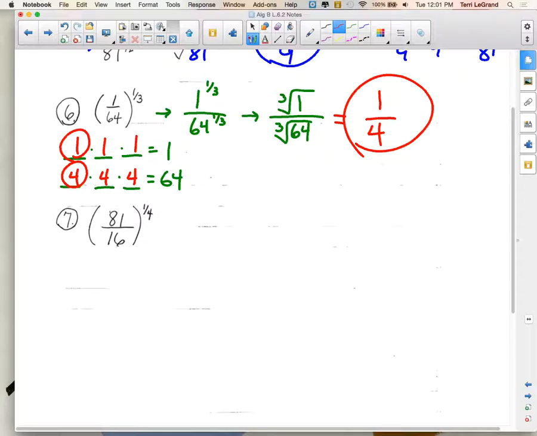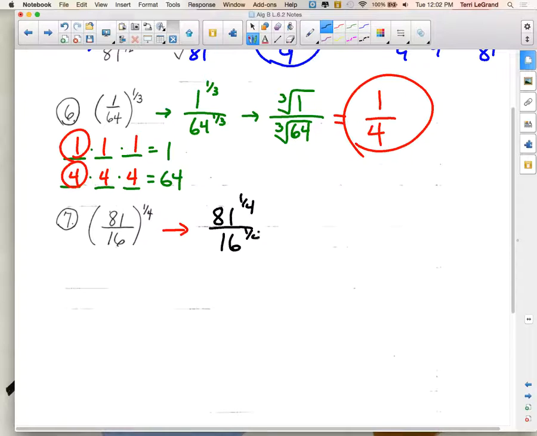Okay, so again, how does this get written? First of all, applying the quotient property. Tori, what would I do to get rid of the parentheses? 81 to the 1/4 over 16 to the 1/4.